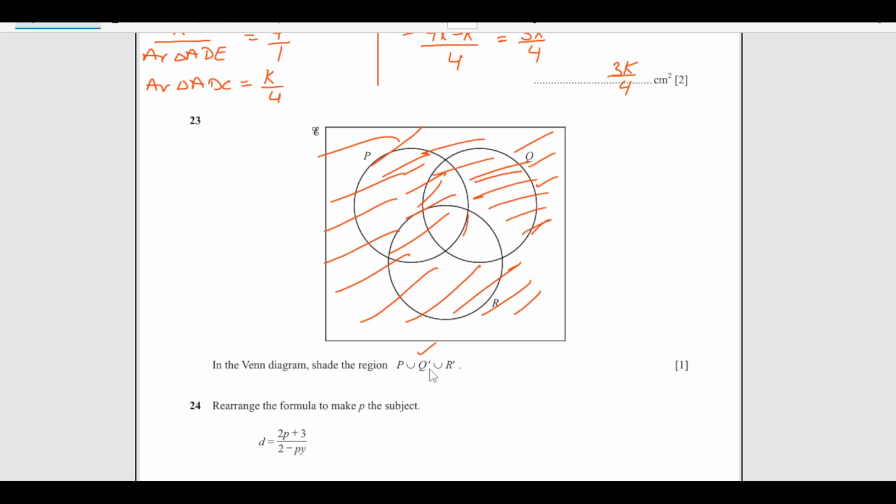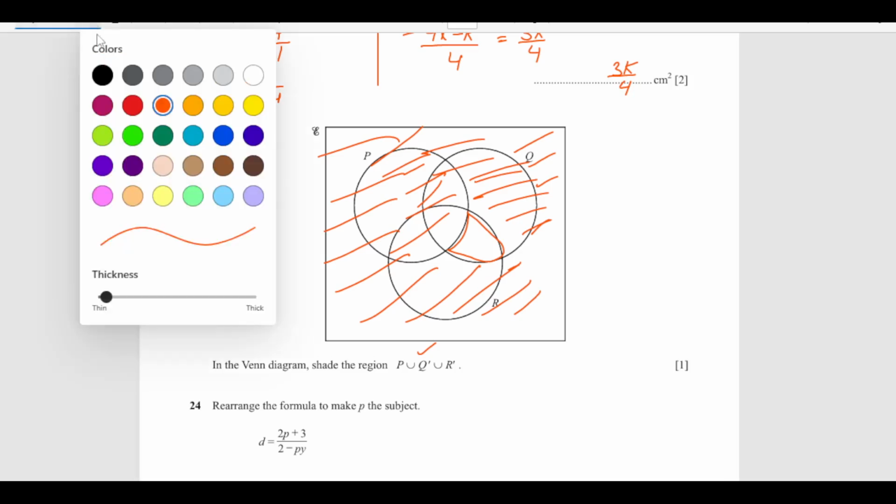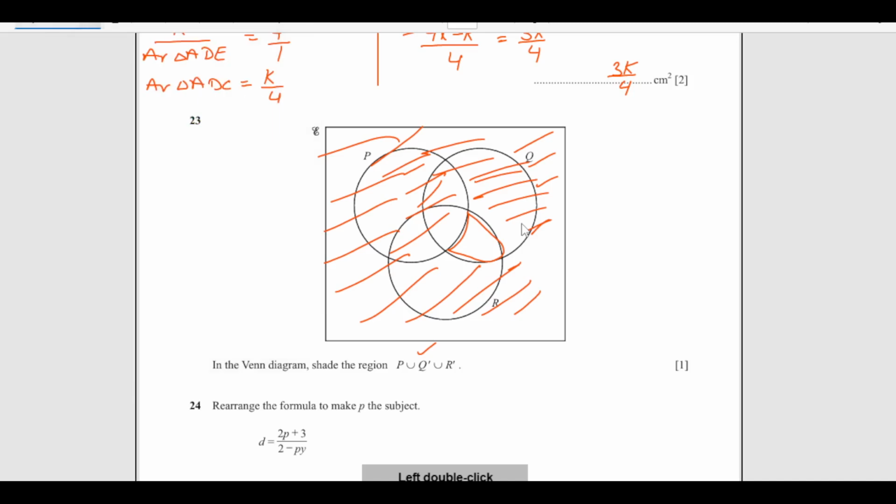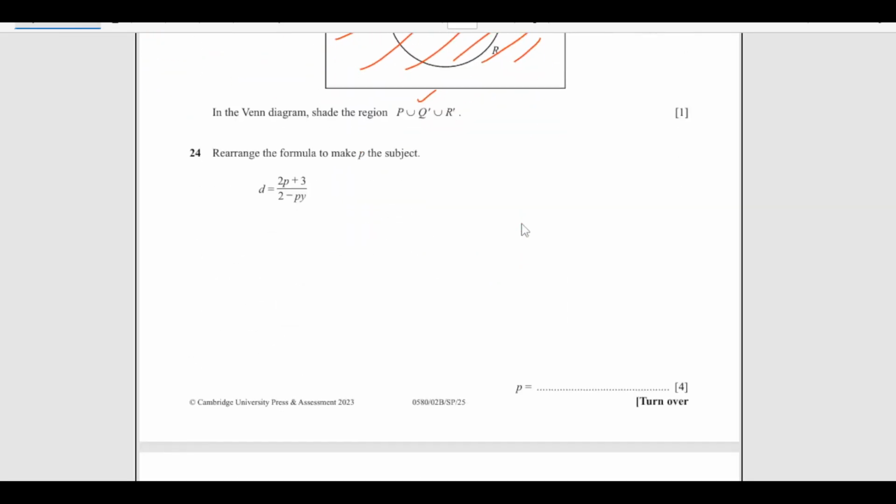So the only part which is left is here, this one. Let me change the color. So only this part is going to be left, the remaining is going to be shaded. Okay, so this was an easy one.